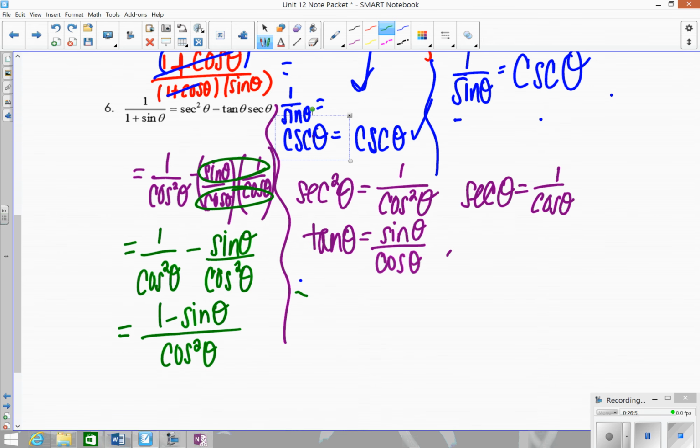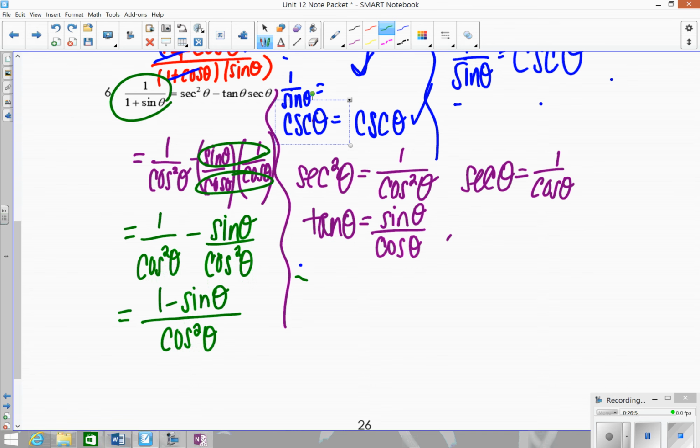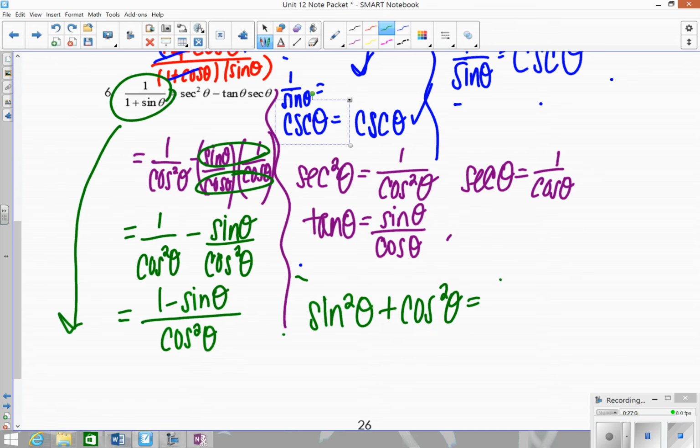And then from here, if you look at what I'm trying to get out, I'm trying to get out something with sine in it. So that tells me I need to get rid of this cosine squared. Remember the relationship we have for cosine squared is the Pythagorean identity. If I manipulate this so that I can replace cosine squared, that'll allow me to get everything in terms of sine. So I'm going to subtract sine squared from both sides.